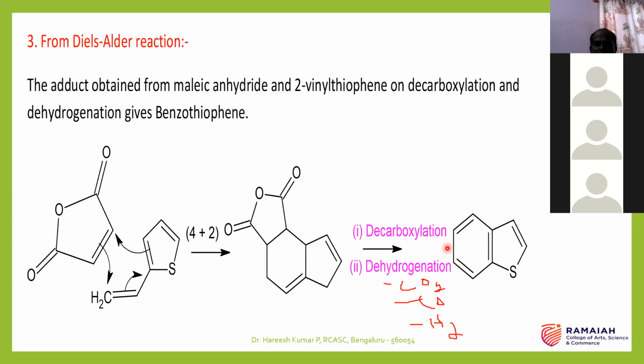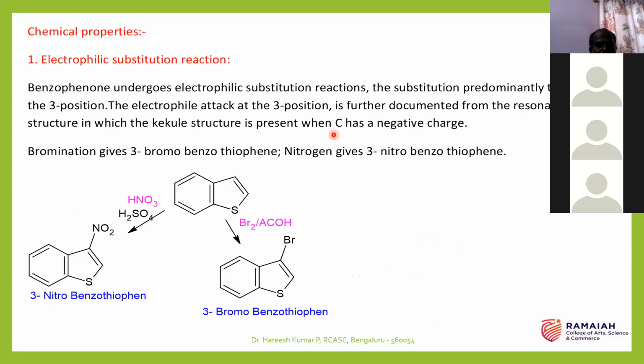So let's look into the chemical properties. I will go to the next page. Okay, so electrophilic substitution reaction. Electrophilic substitution is a characteristic property of aromatic compounds, and of course benzo-thiophene is also an aromatic compound.